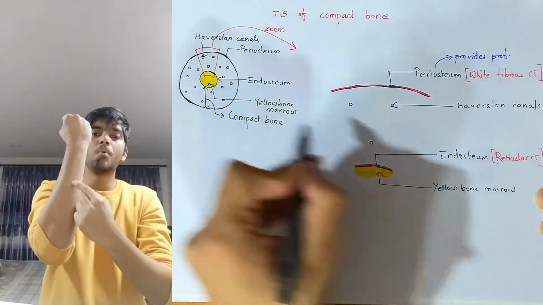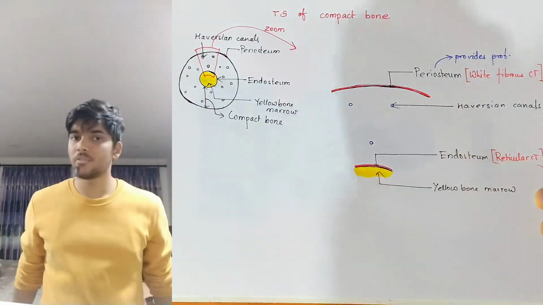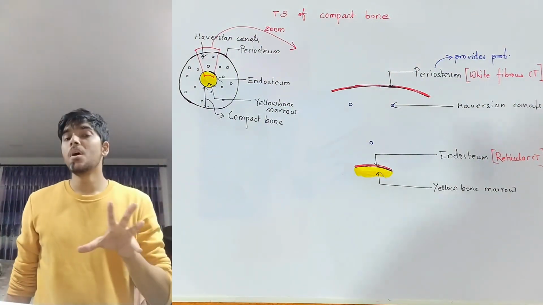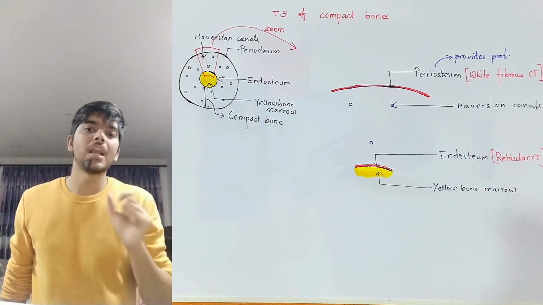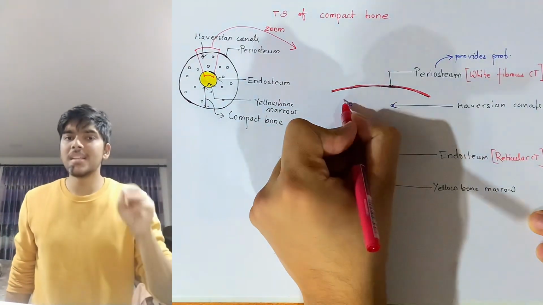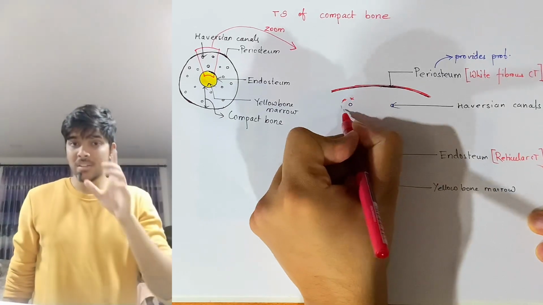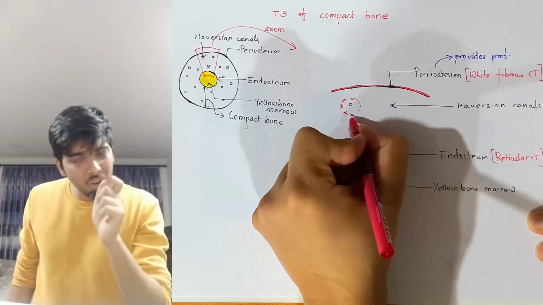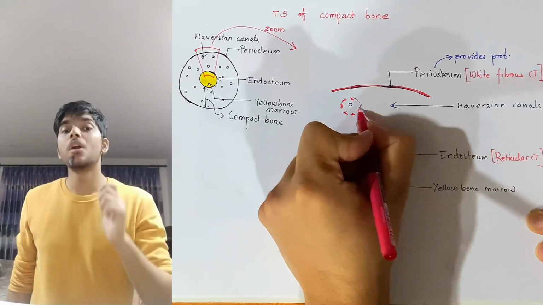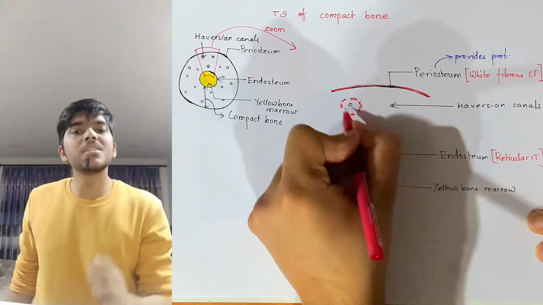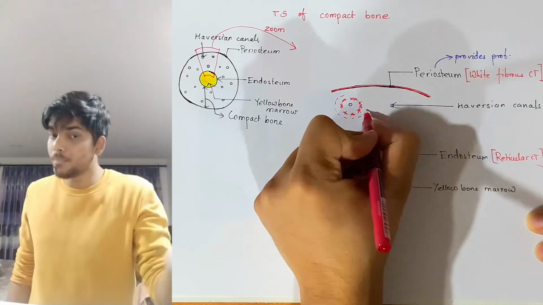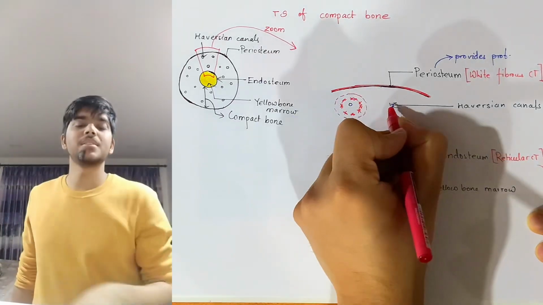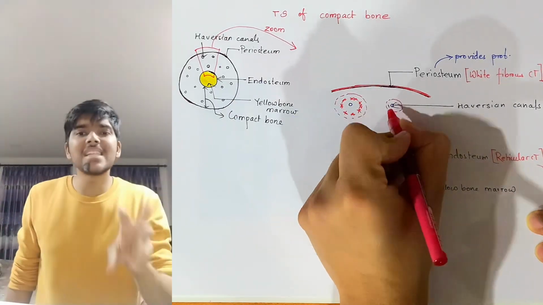So only the pore of these canals will be visible in a transverse section. So here are a few pores of haversian canal. Just concentrate on one haversian canal. Surrounding this particular haversian canal, there are your bone cells or osteocytes, where osteo means bone and cyte means cells. So bone cells, which are star-shaped.